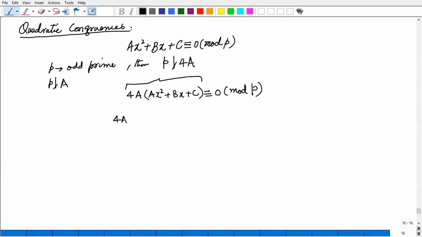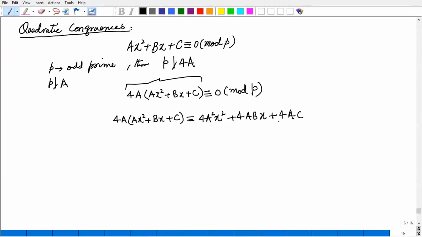This quadratic expression, 4a times (ax square plus bx plus c), can be written like 4a square times x square plus 4abx plus 4ac.